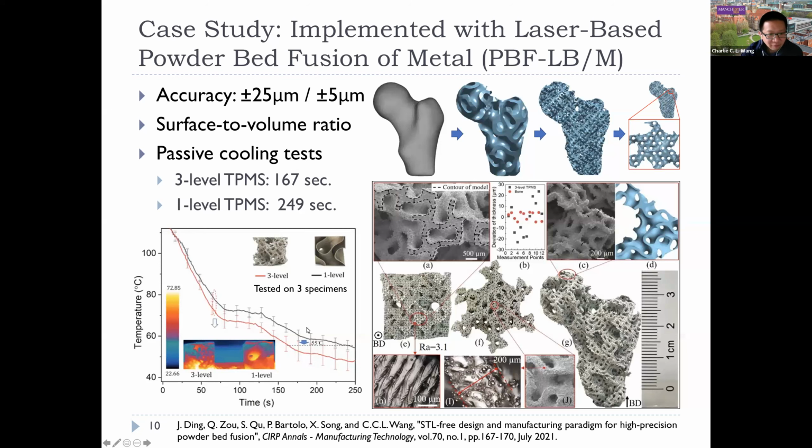For example, we compare a 3-level TPMS structure with a 1-level TPMS structure, and you can see how long it takes to decrease the model from a very high temperature back to 55 degrees. The 3-level TPMS takes only about 167 seconds, and the 1-level TPMS takes about 249 seconds, which is much longer compared to the 3-level TPMS. And this shows the great efficiency of passive cooling.